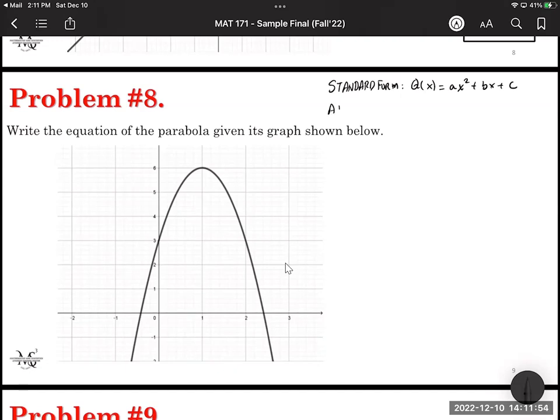The alternate form to this is that q of x, or y, is equal to a times (x minus h) squared plus k, where this time h comma k stands for the vertex.